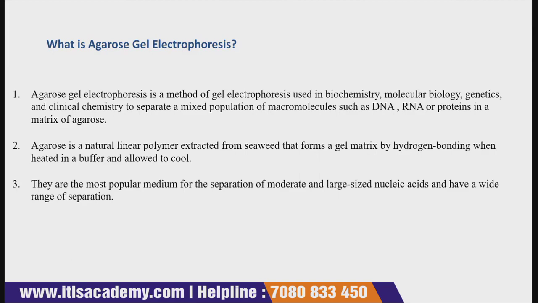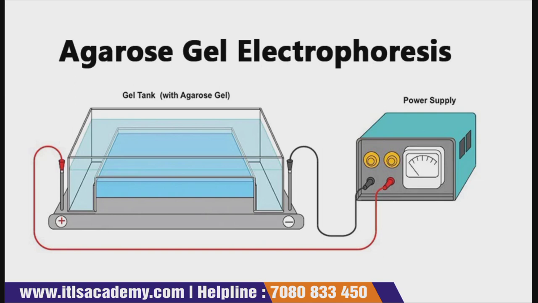Now moving further, this is how agarose gel electrophoresis looks. This is a gel tank, as you can see in this part, a gel tank with agarose in it. One side is positively charged, and the other side has a negative charge, and all of these are connected to a power supply.